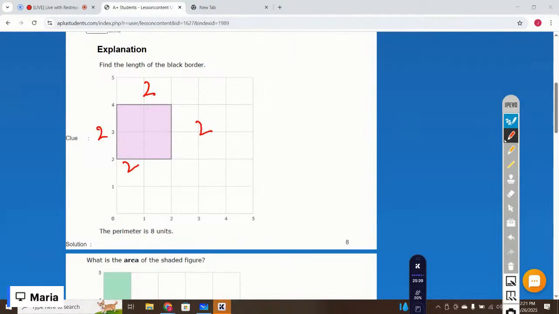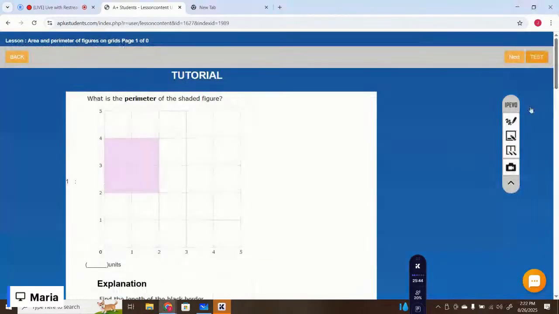We need to add all the side lengths. So the perimeter of this figure is 8. The correct option is 8. Let's just start with the test questions.